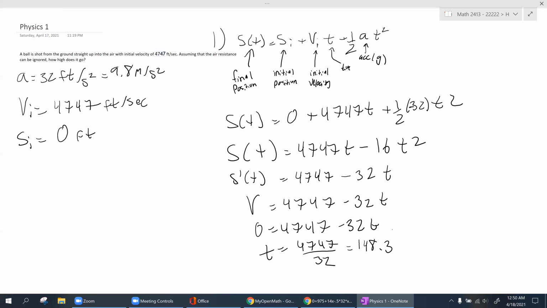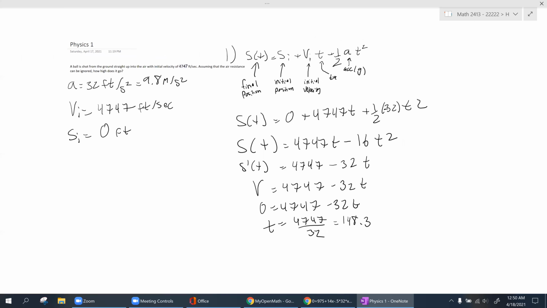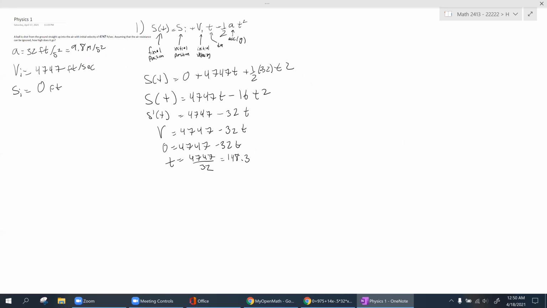One thing that I want to go ahead and do now is plug it into the original function. Let's go ahead and plug it into my position function.